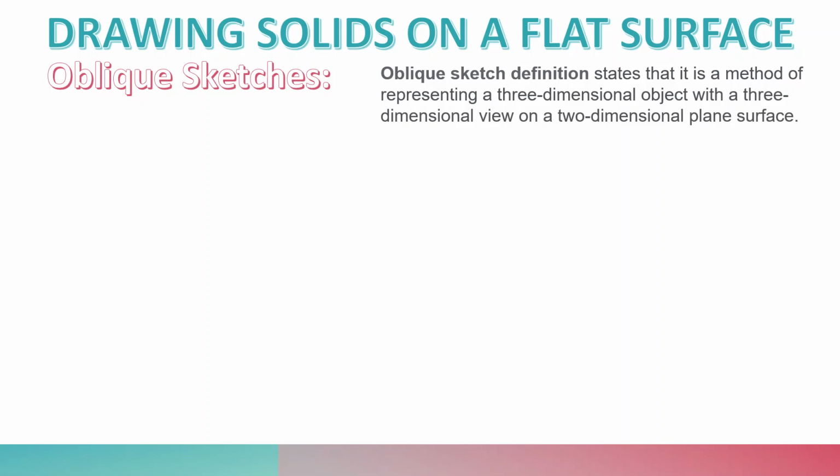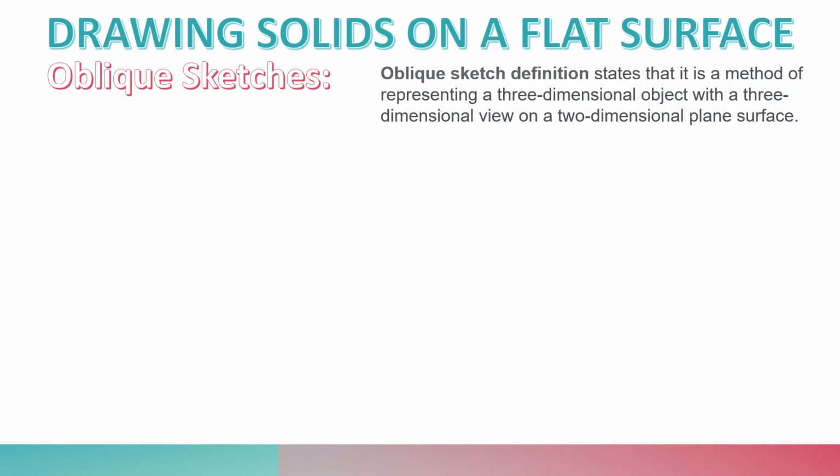An oblique sketch is a method of representing a three-dimensional object with a three-dimensional view on a two-dimensional plane surface. So it is quite clear that oblique sketches are those in which we try to represent a 3D shape on a two-dimensional surface.